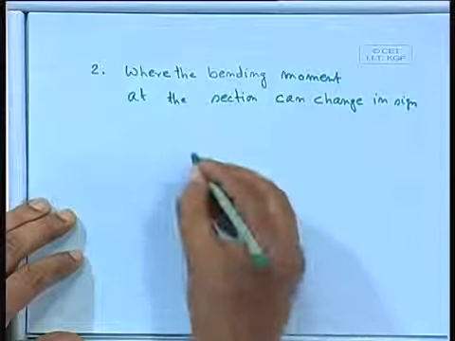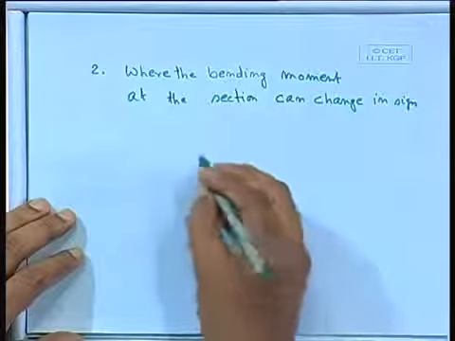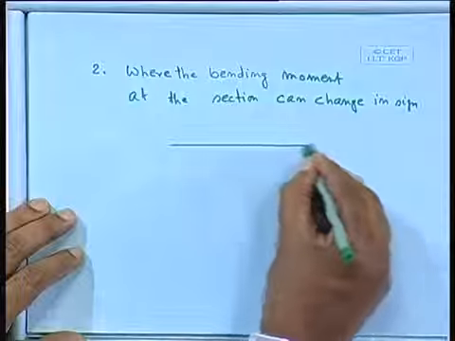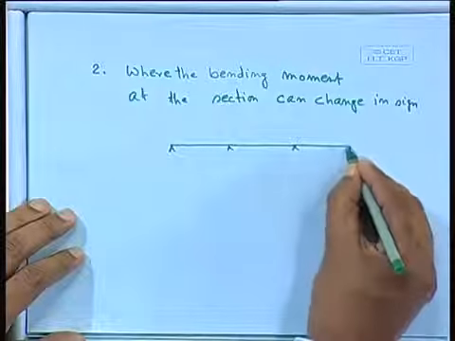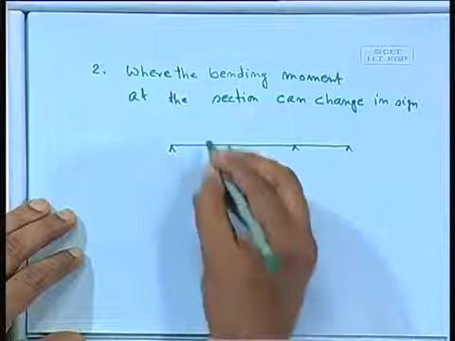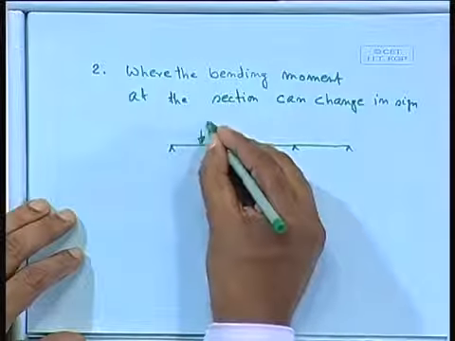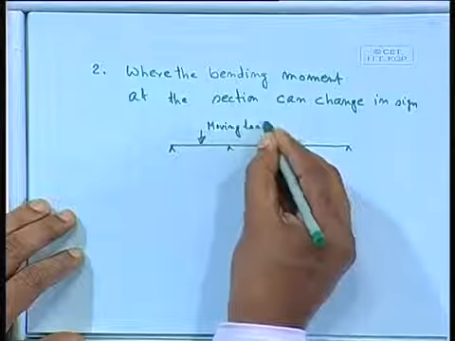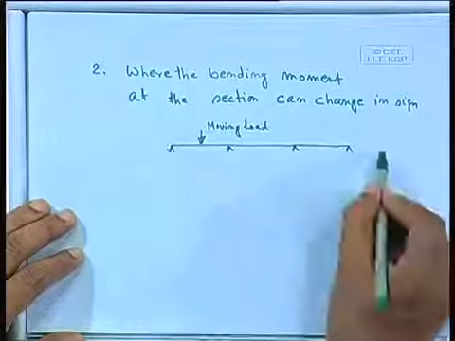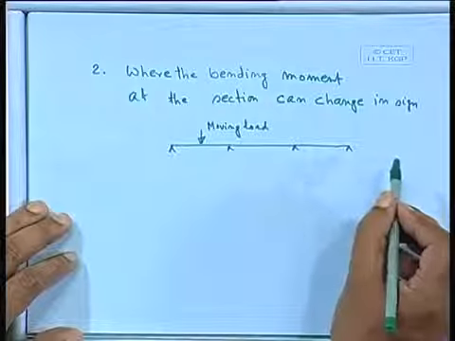We can say a continuous beam possibly, and there is a moving load, the vehicle moving over the bridge.